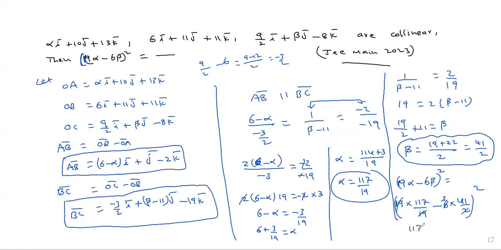So 117 minus 41 into 3, which is 123. 117 minus 123, which is minus 6. Minus 6 squared is 36. Okay, is it there in your options? Choose, sir. Yes, it is there. So the answer is 36.